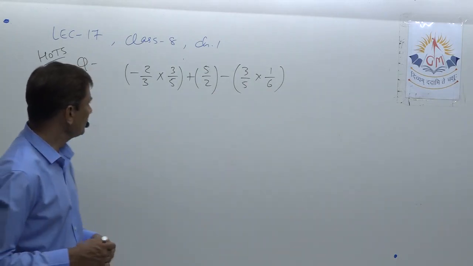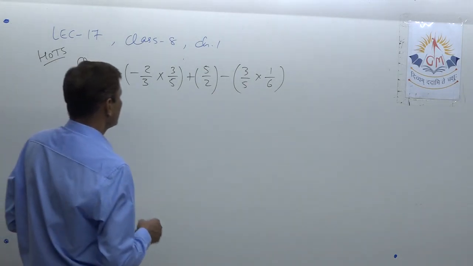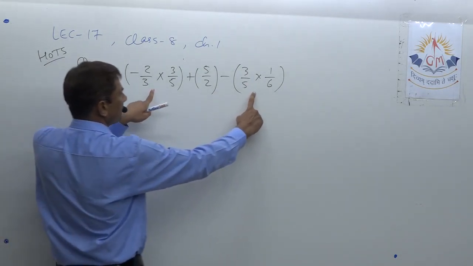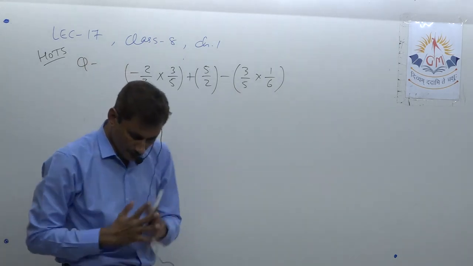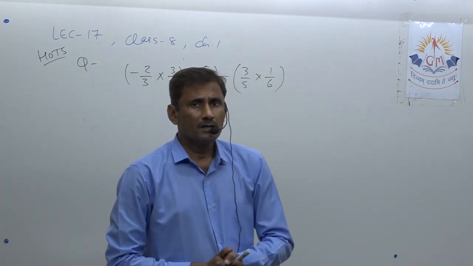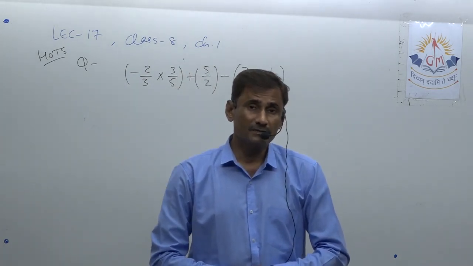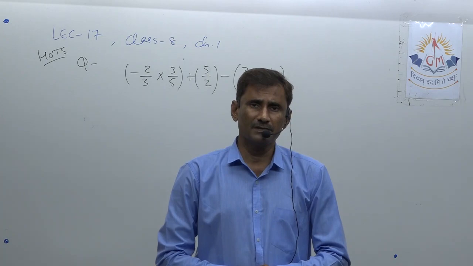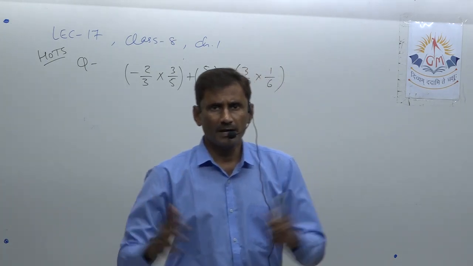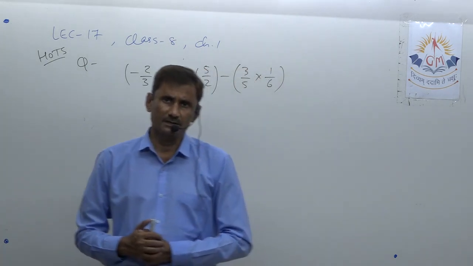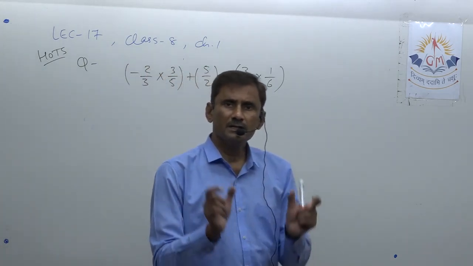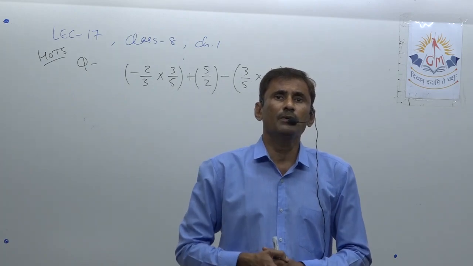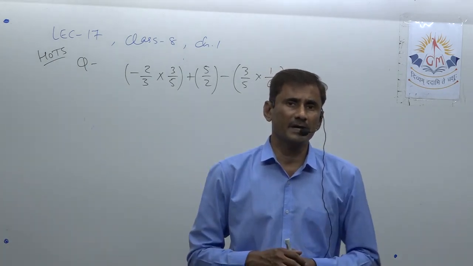Okay. So now you can somewhat simplify here because you can see 3 by 5 is there. Can we apply the associative law here? What is the associative law? For addition or multiplication, we can group in any order. Any way we can make a group.